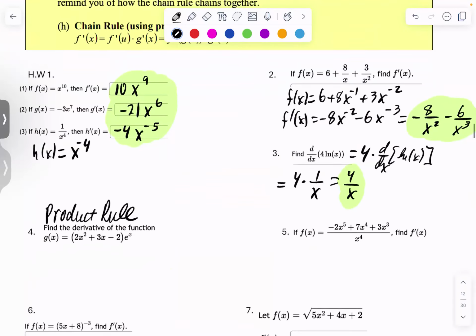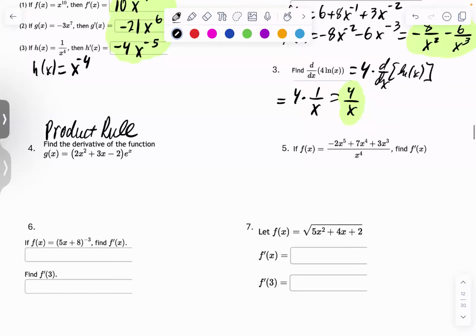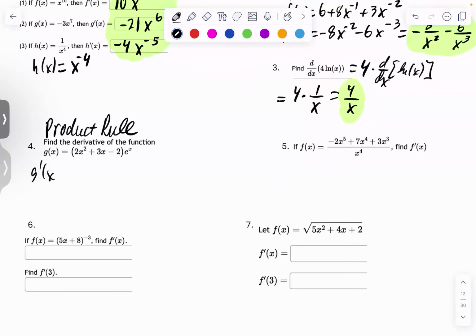So here we go. The first function in this case is 2x squared plus 3x minus 2. This just becomes 4x plus 3 times e to the x, plus the original function, 2x squared plus 3x minus 2, times the derivative of e to the x, again, which is just e to the x.